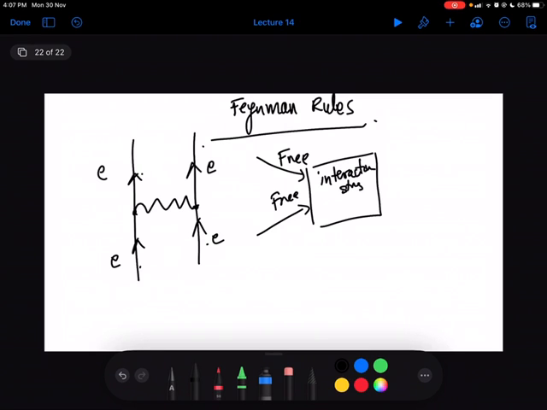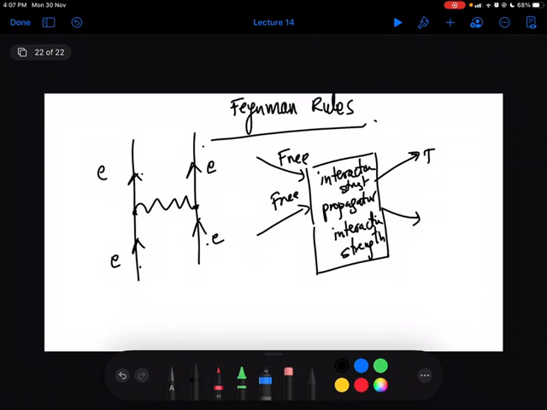So you use the interaction strength, the propagator, then again the interaction strength, then the free states, which are the out states.